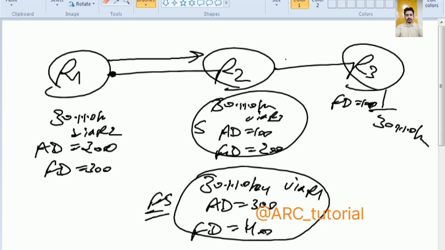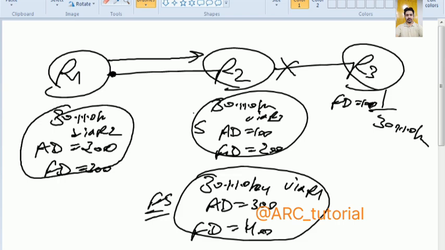Now in case the original path goes down, R2 will think that okay, it is reachable via R1. It will not even generate any query message, and if it does not generate any query message towards R1, it means that R1 will never come to know that it has gone down. So R1 will keep this route via R2 in its routing table, and R2 will keep this route via R1 in its routing table.